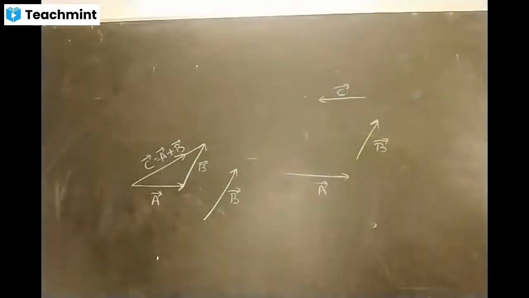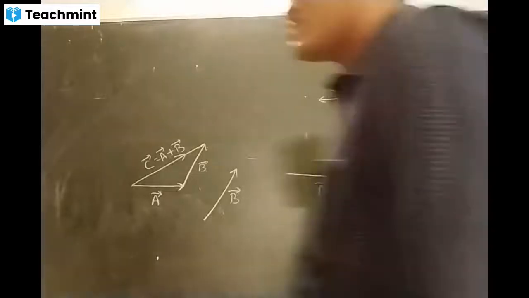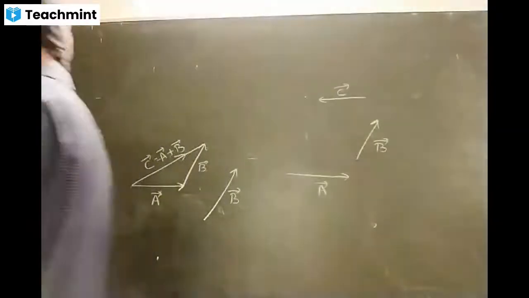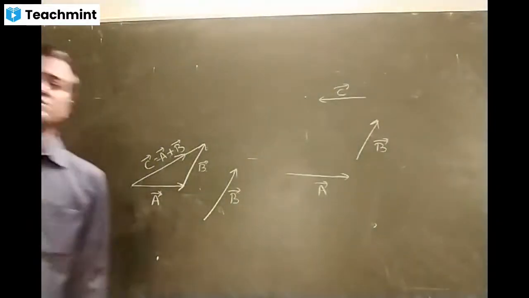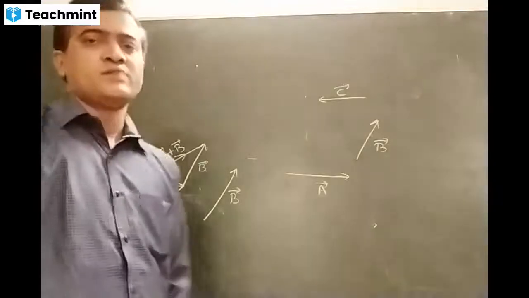Now I want to get the resultant of these three vectors, A bar, B bar and C bar.